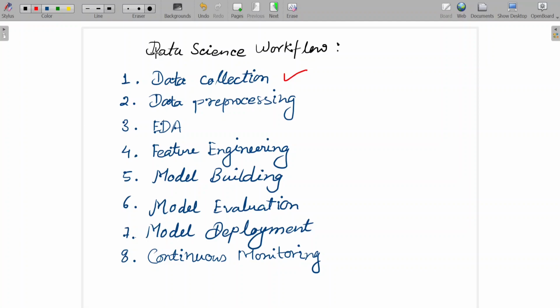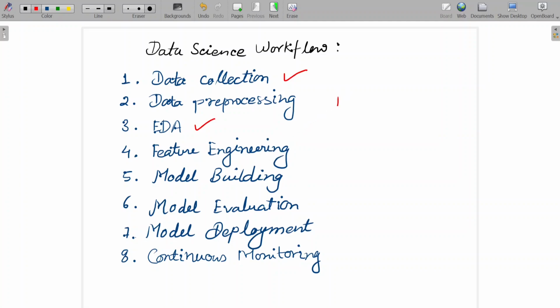Whatever data we have after pre-processing, we have to figure out what kind of data it is, and what pattern this data is following. Is it a linear pattern, non-linear pattern, or does some variable have a correlation or not? All those things we have to figure out. After EDA, we have to perform feature engineering.